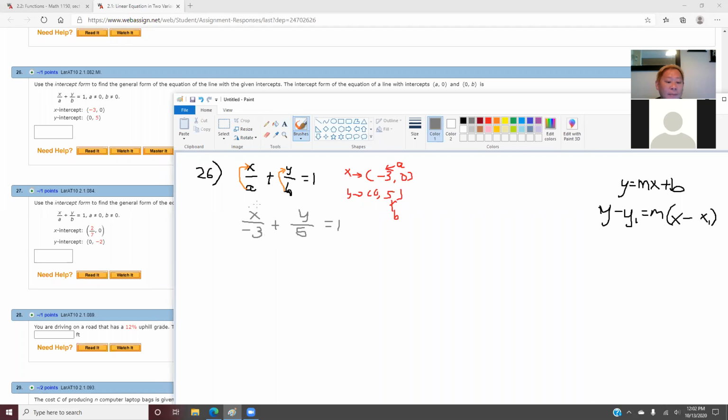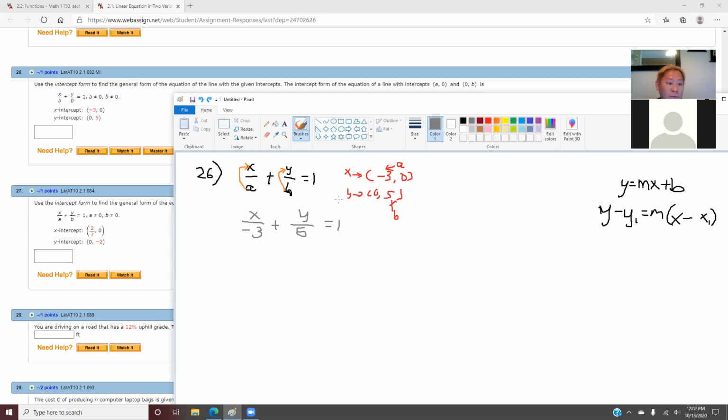Unfortunately, if you type this answer in your box, they will mark you wrong, because the question says use the intercept form to find the general form of the equation of a line with the given intercepts. So this is not the general form.